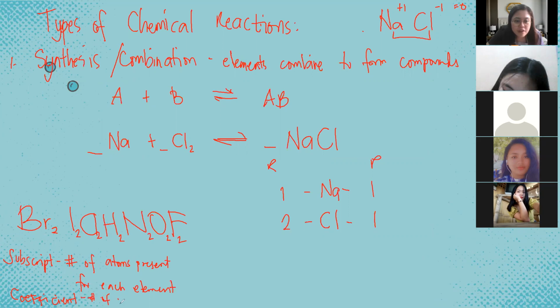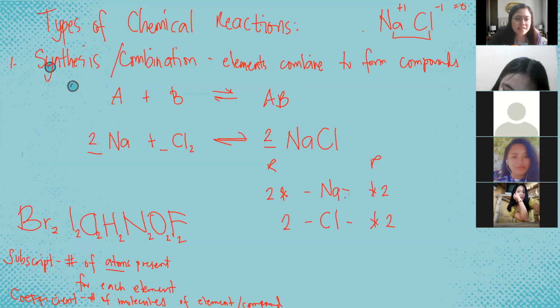The number of molecules of each compound or element present. The subscript is specific to the atoms of each element, while the coefficient is the number of molecules of the element or the compound. So how do we balance it? Since there are 2 chlorine here, we will place 2 here as the coefficient so that chlorine becomes 2. But since sodium goes with it, sodium will also become 2. That is why we will also place 2 here so they are equal.